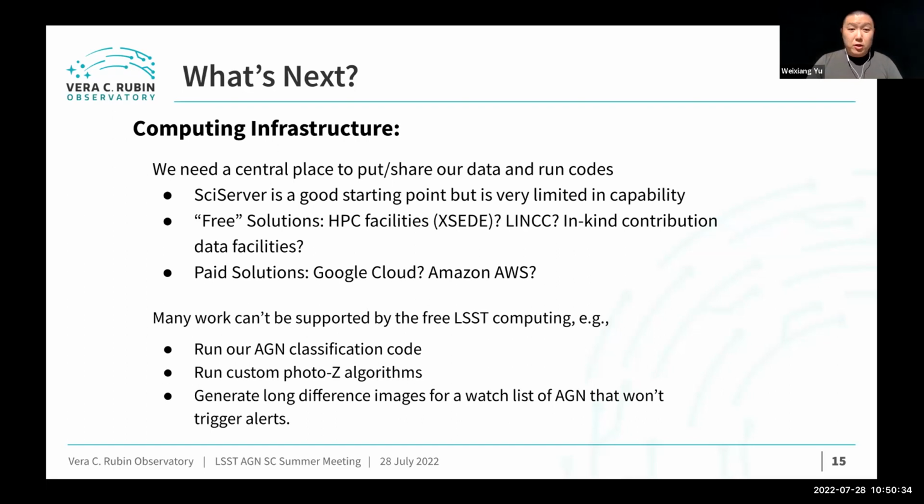So for example, we want to run our own AGN classification algorithm, compute photometry, and also monitor a watch list, probably on the level of millions of AGN that won't trigger alerts. So I would like to say that we should certainly start thinking about our own dedicated computing infrastructure right now.